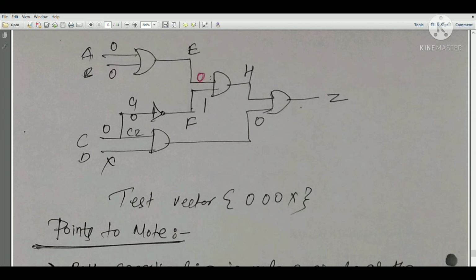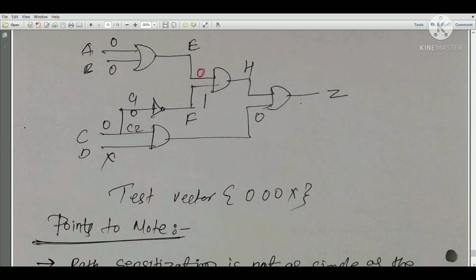This has to be 0, this has to be 1, and by knowing these logic values, we set A, B, C and D and decided the test vector for this particular combinational circuit. So this is how we have decided the test vector, and I hope you have understood.